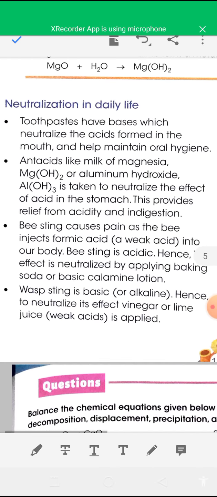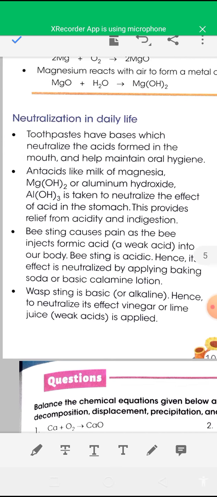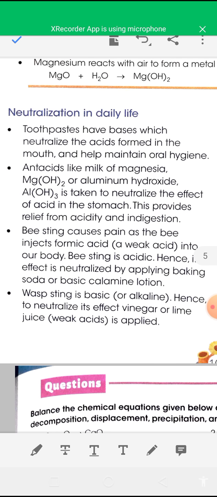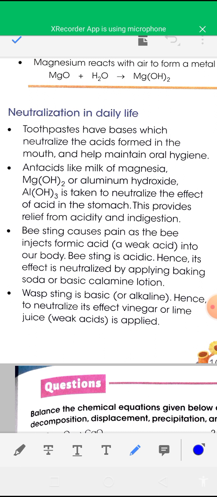And neutralization reactions have many importance in daily life. These are applications of neutralization in our day-to-day life. First, toothpaste has bases which neutralize the acid formed in the mouth and help maintain oral hygiene.